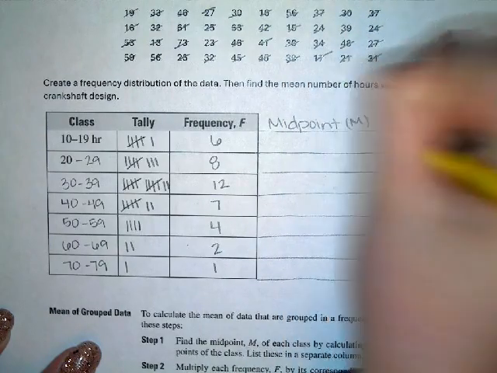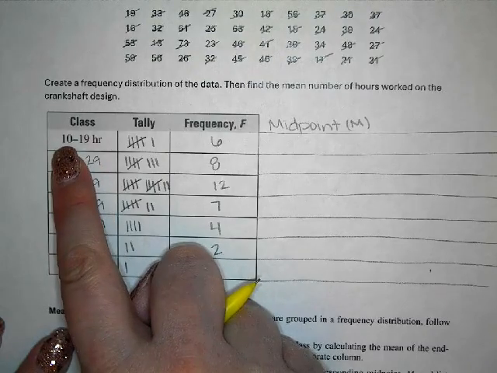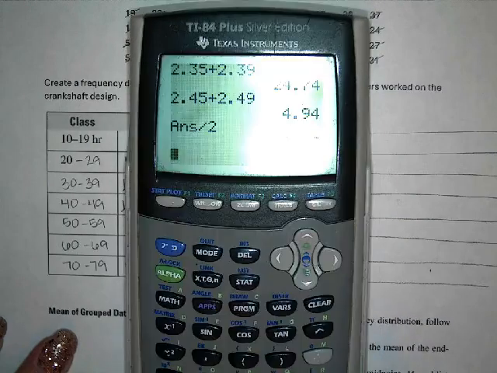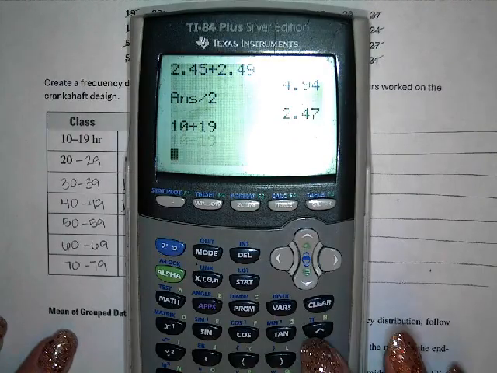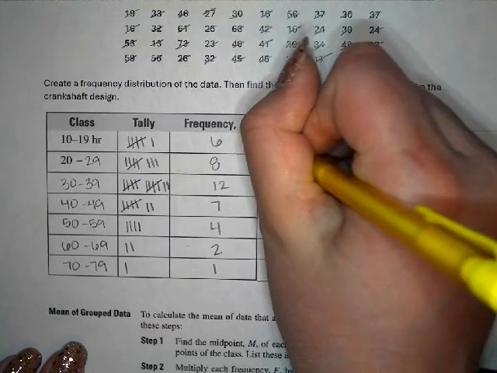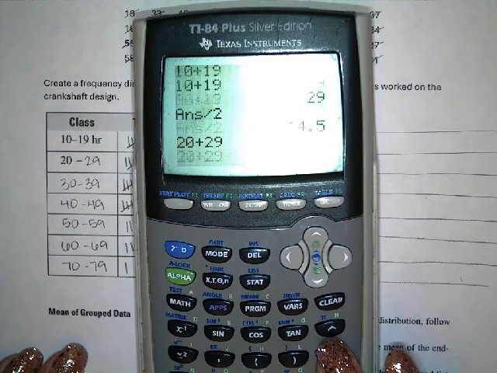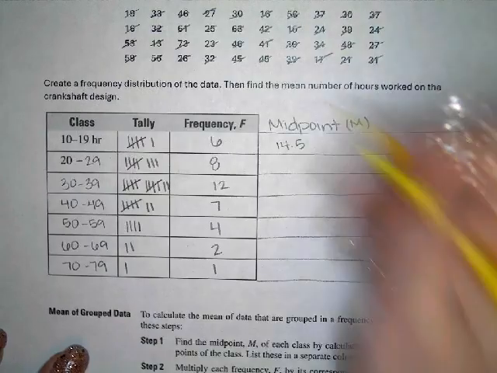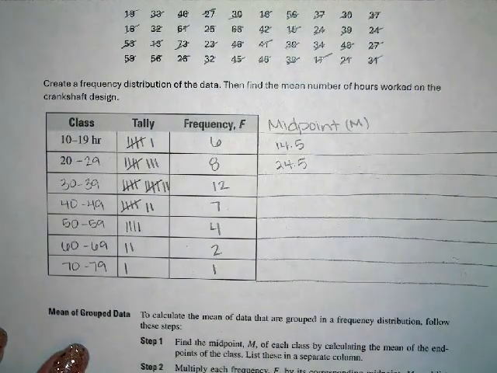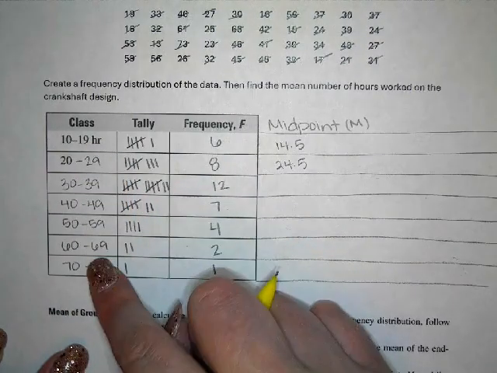So I'm going to add the lower value and the upper value of the class and divide by 2, and that'll help me find the midpoint. So 14.5. 24.5, and you'll notice that since the class widths were 10, the lower values are 10 apart, the upper values are 10 apart, the midpoints are going to be 10 apart as well.